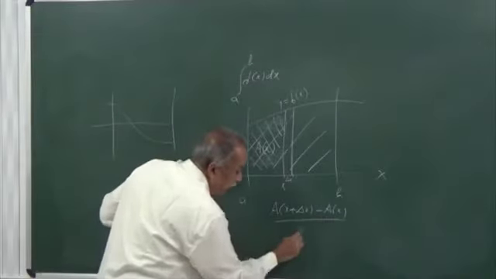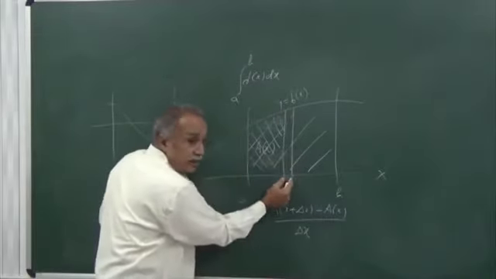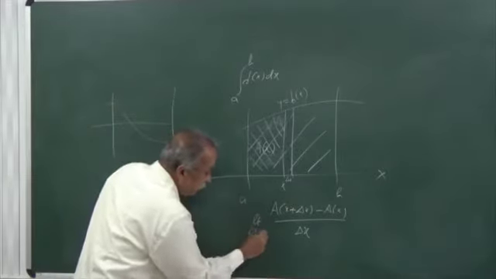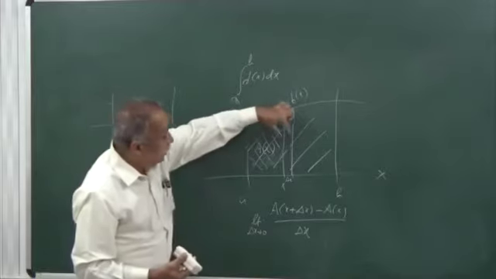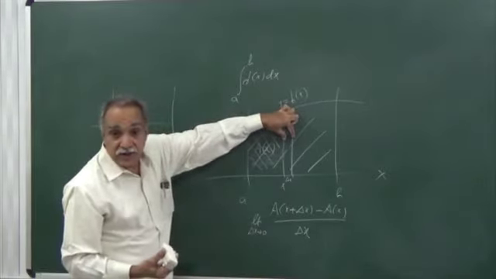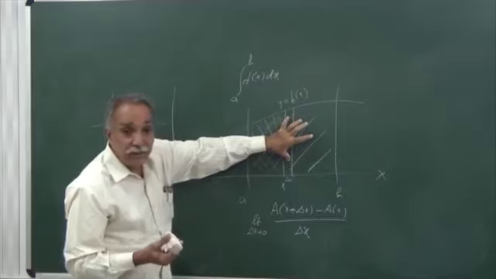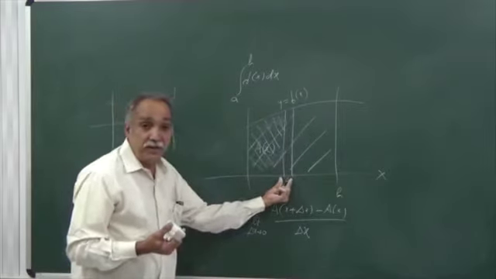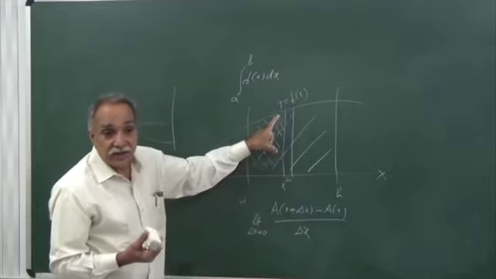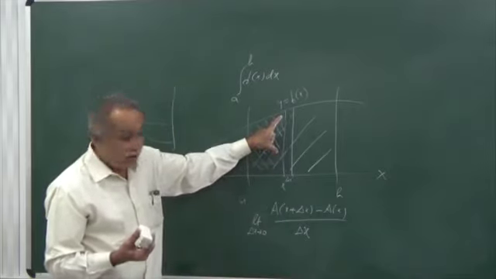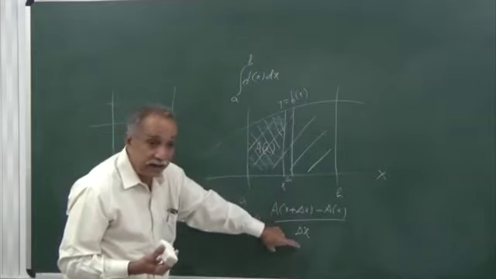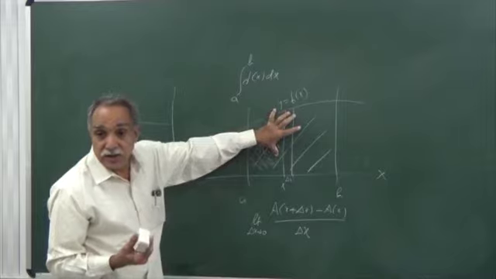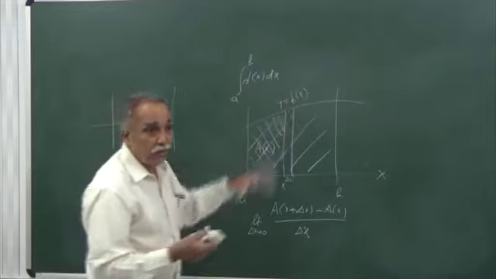Suppose you divide it by delta x, and you want to obtain its limit as delta x tends to 0. When delta x tends to 0, the width of the strip decreases. You can identify this strip as a rectangle with certain height and certain width. The width is delta x and the height is y, f of x. Therefore, that difference divided by delta x, area divided by delta x, will be equal to the height of this strip, which is equal to y or f of x.